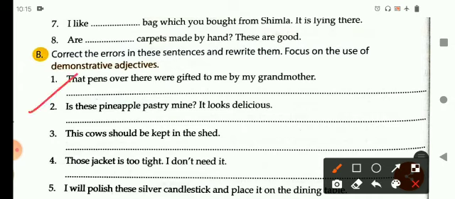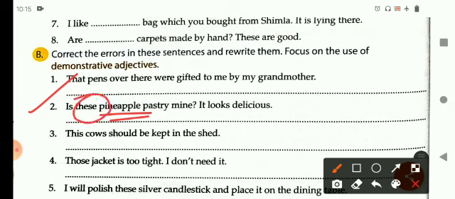Now next one, is these pineapple pastry mine? It looks delicious. So here the pineapple pastry is a singular noun, but the demonstrative which is used here, these, is the wrong one. This is the plural one.